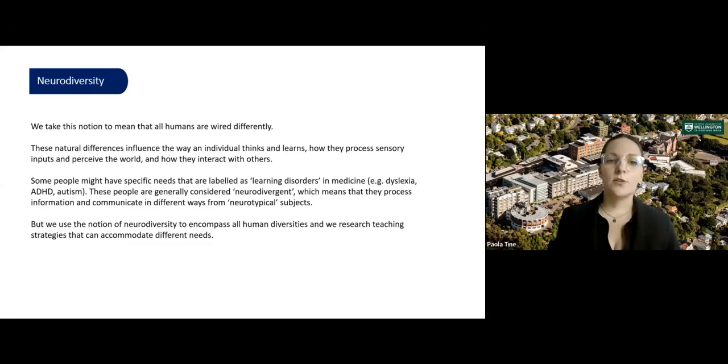These people are generally considered neurodivergent, which means that they process information and communicate in different ways from a neurotypical subject, where obviously normality and divergency are cultural constructions. So they're different in every society. But the use of neurodiversity for us is strategic because we want to encompass all human diversity. And we want to support teaching strategies that can accommodate all these differences and the different needs.